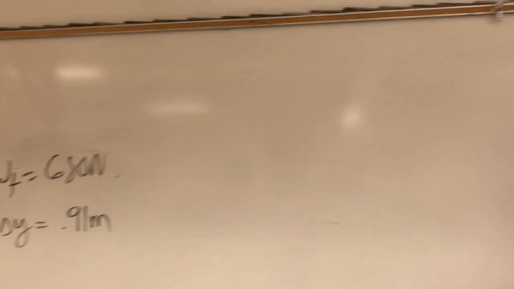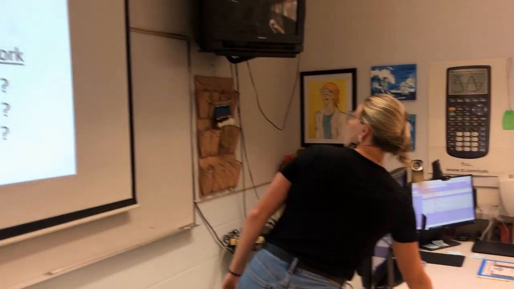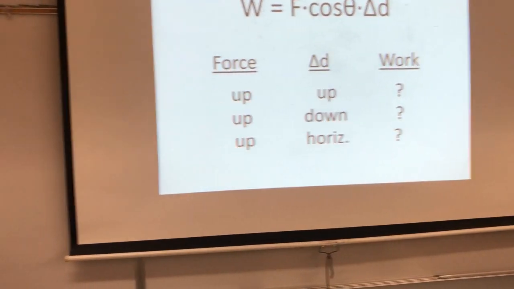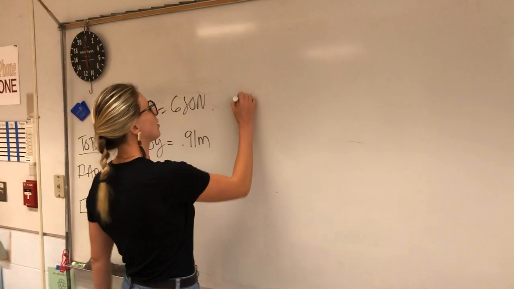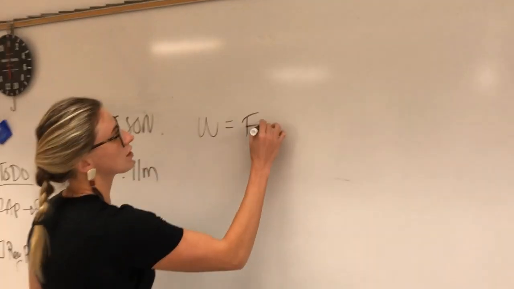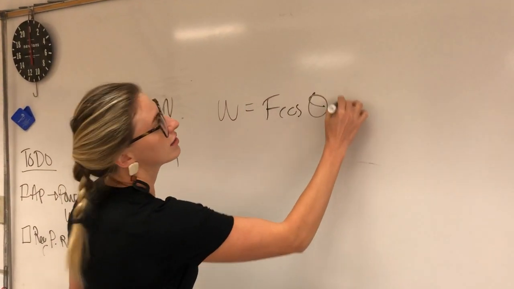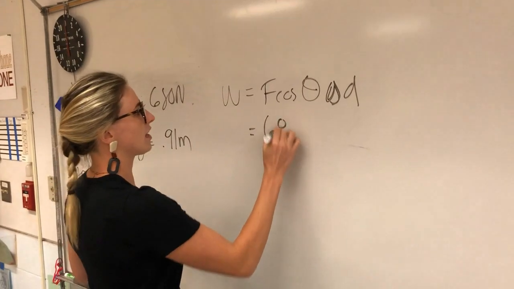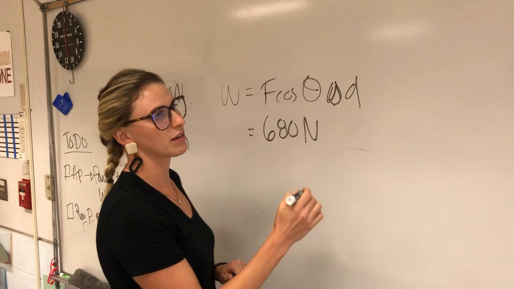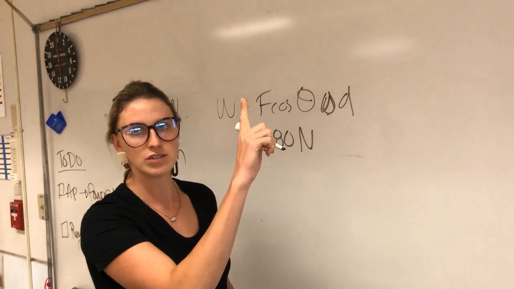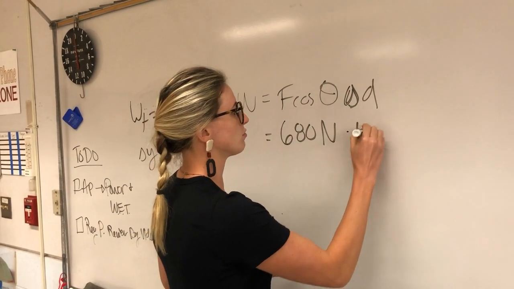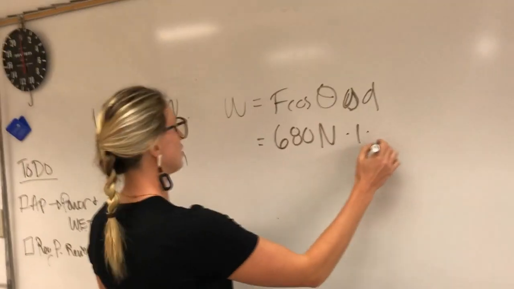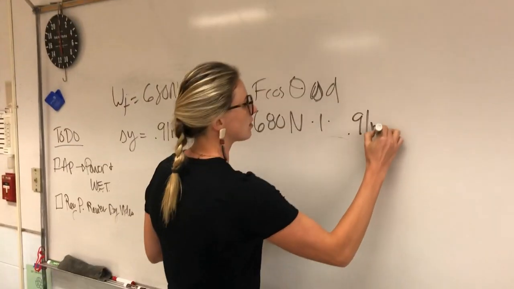Can you figure out how much this more weighs in pounds? So how can we figure out what the work is here? Well, we know that work equals force times the cosine theta times delta D. My force is 680 newtons. The cosine of 0 is just 1, so times 1, and then times my displacement, 0.91 meters.